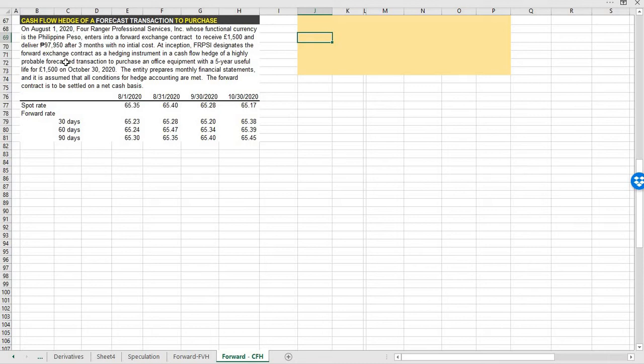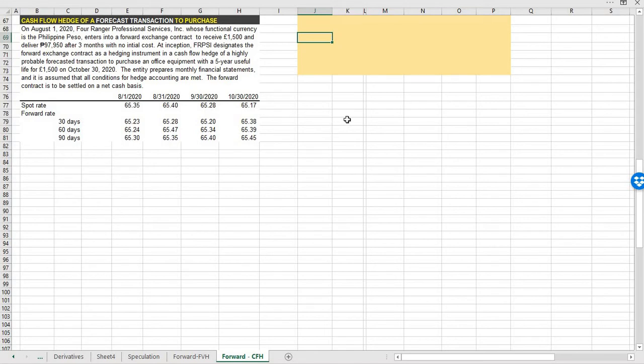So, dito lang tayo magkakaroon ng journal entry for the hedge item at the forecasted transaction. So, dahil yan lang ang journal entry natin for the hedge item, dito tayo sa hedging instrument kasi ito yung may journal entries simula August 1 hanggang October 30. So, kaya kailangan natin i-monitor yung changes in the exchange rates.